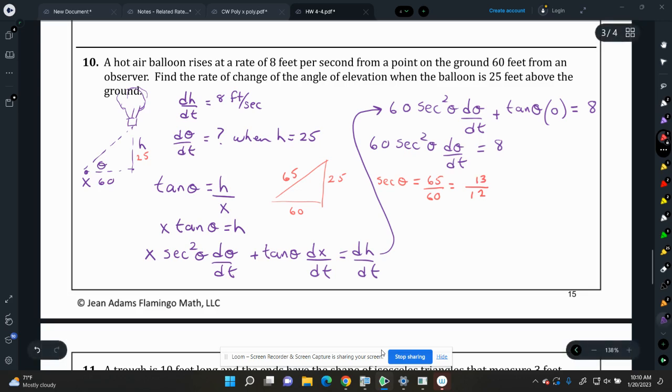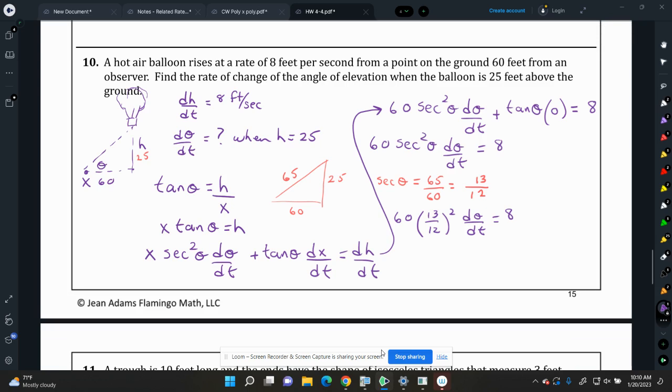Okay, so now we can go back and we can do 60 times (13 over 12) squared times d theta dt equals 8. So that's 60 times 169 over 144.